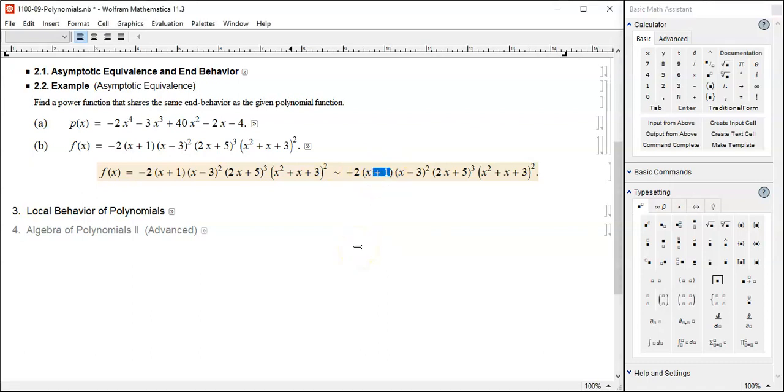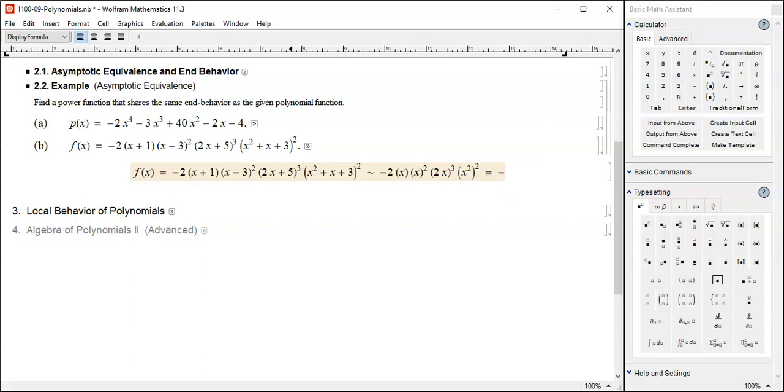We just disregard plus 1 and just take the highest degree term. x minus 3, again minus 3, gone, and we just have x. And 2x plus 5, I'll simply take the leading term here, 2x. x squared plus x plus 3, again, just the leading term only. And then what is this?